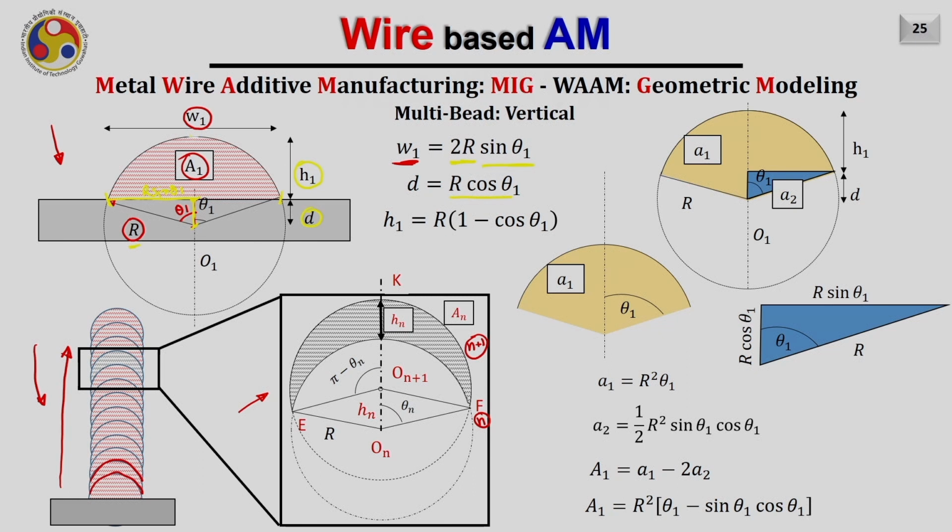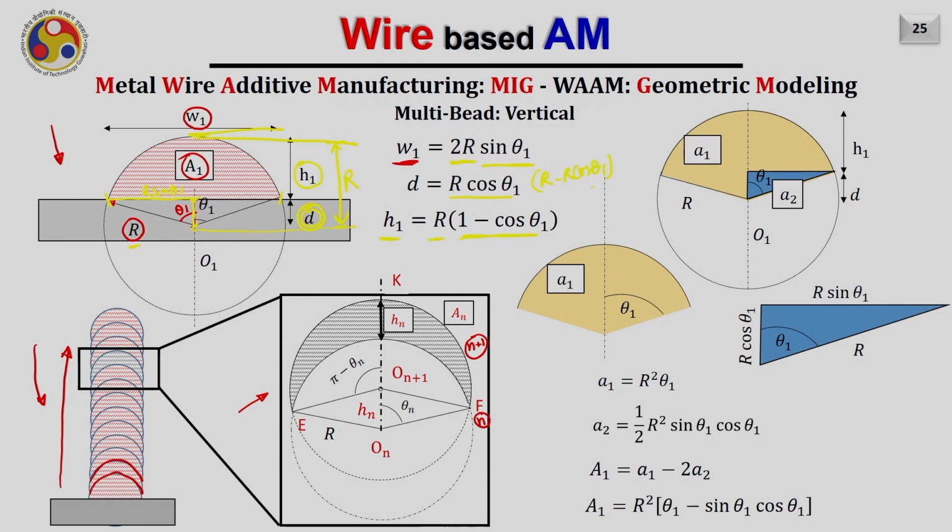H1 will be the distance from here to here, minus this distance d, and we know that this distance is R. So the height h1 will be equal to R minus R cos theta 1, hence h1 equals R times 1 minus cos theta 1.